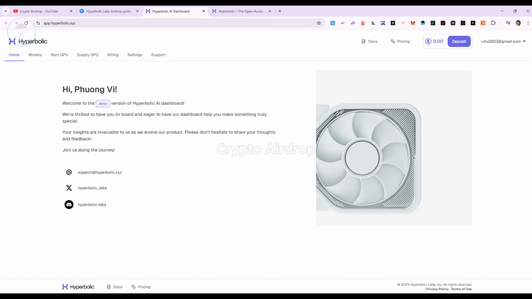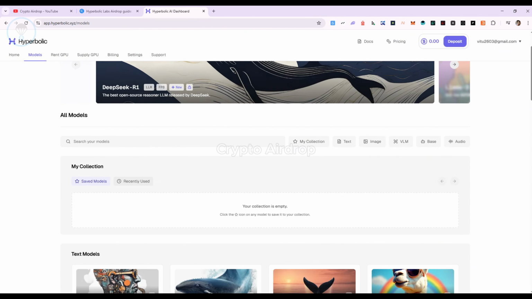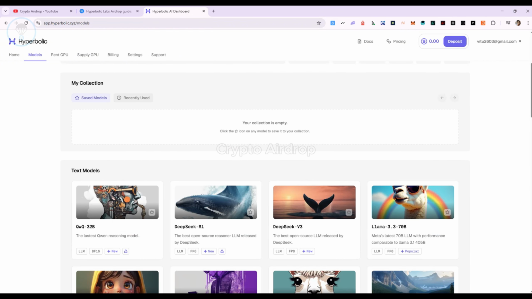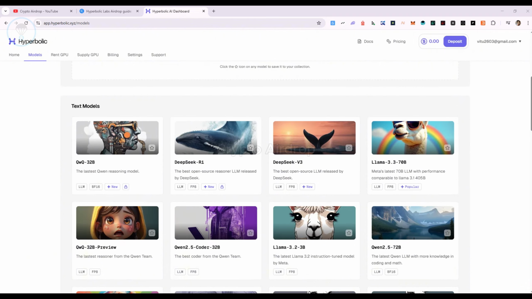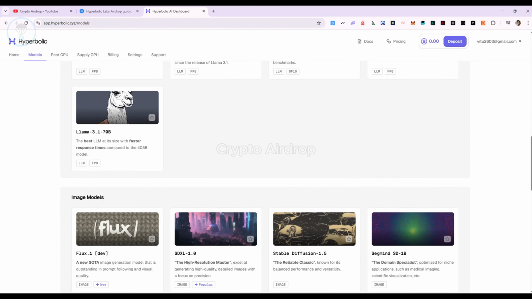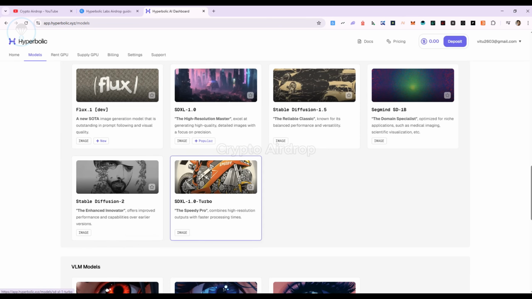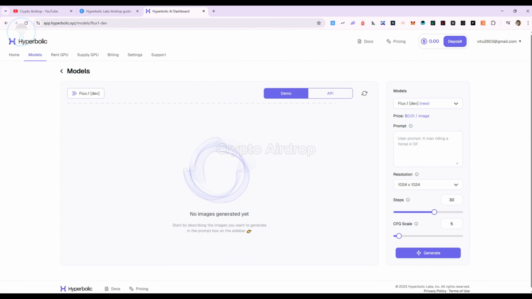Go to the model section and interact with the project's AI applications to earn additional points. I chose model images as an example.